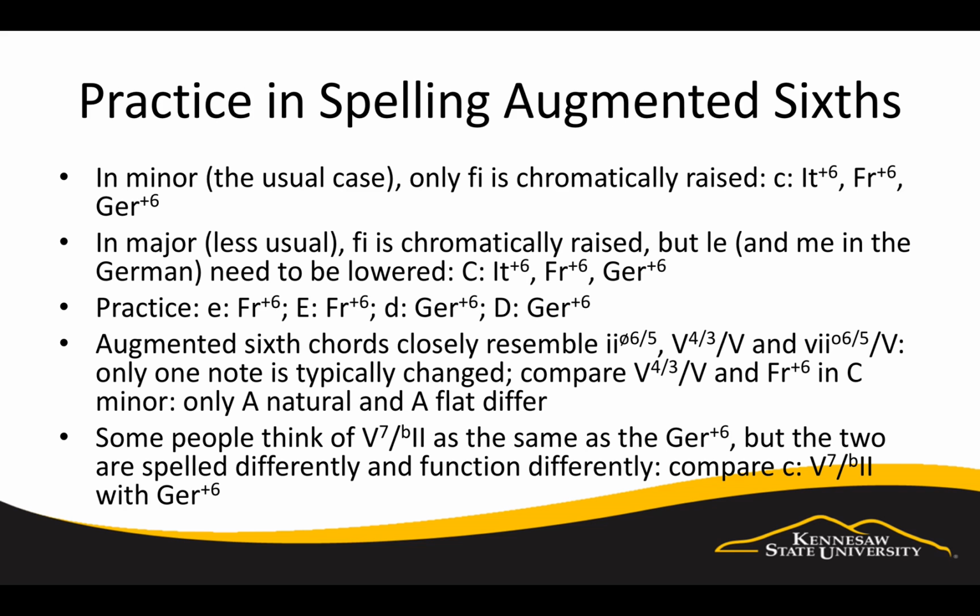Okay, so there's Italian, there's French, and there's German. In major, which is less usual, fi is still chromatically raised, but now le and me in the German need to be lowered. So let's start doing some practice here in your third bulleted point.